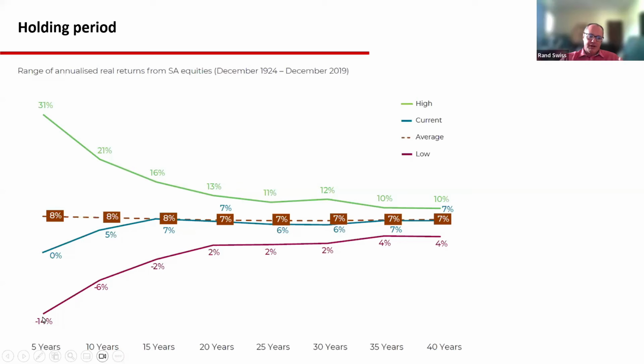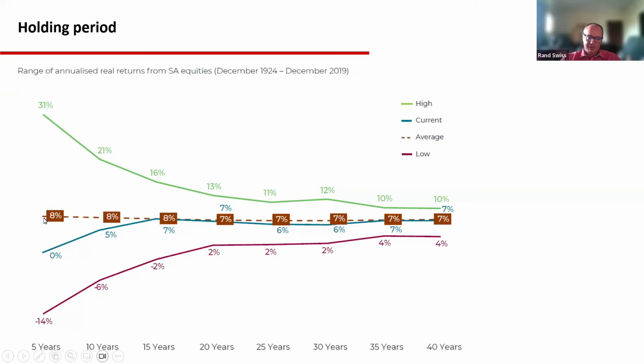So if I look back at between December 1924 to December 2019, so again, almost 100 years, if I look back at any 5-year period, and this is SA equity, South African equities, I could have lost 14% from a 5-year period, right? So I invest today and I look back 5 years from now. I could have lost 14% and I could have made 31%, any given 5-year period, the best and the worst.